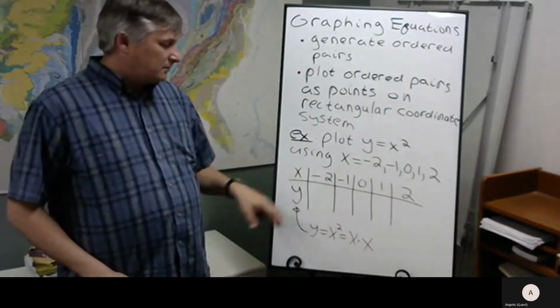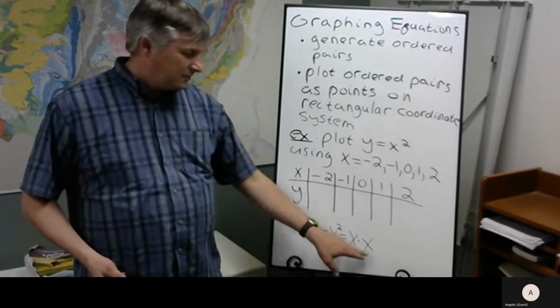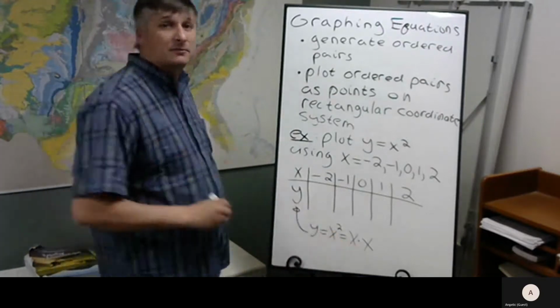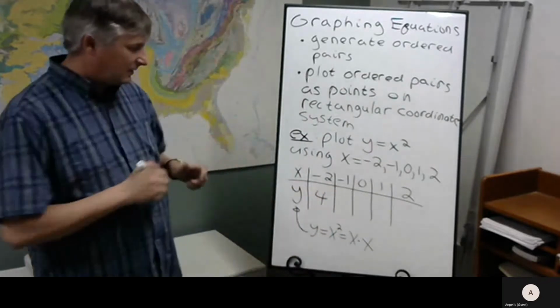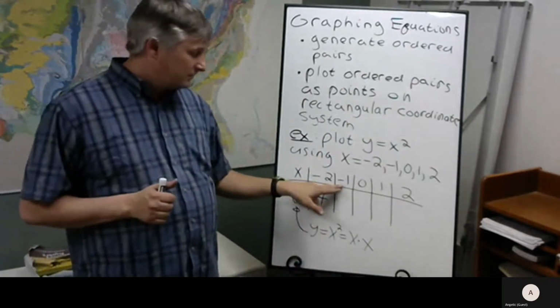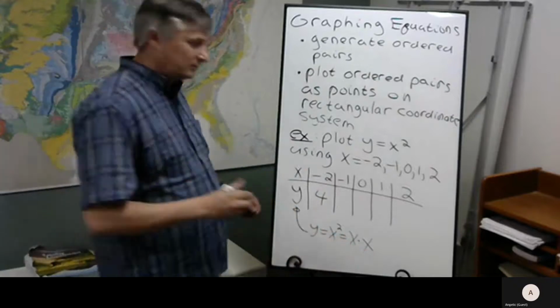So let's take -2. Well, if x is -2, y is -2 times -2, or +4. Now if x is -1, y is -1 times -1, or 1.